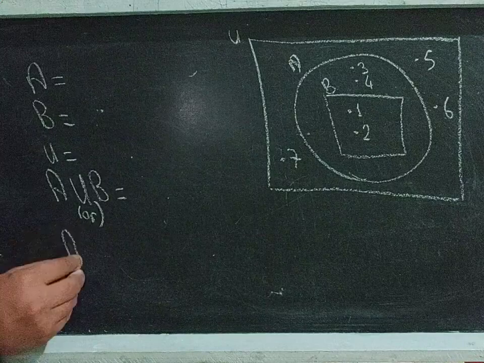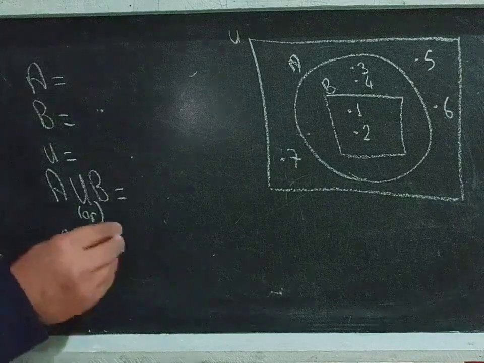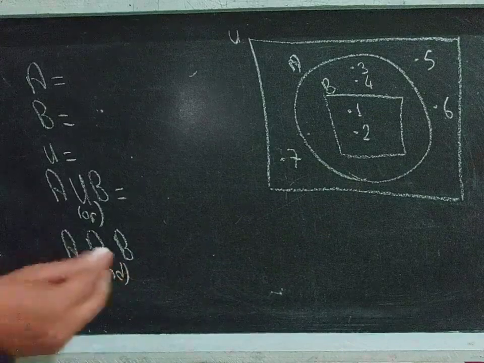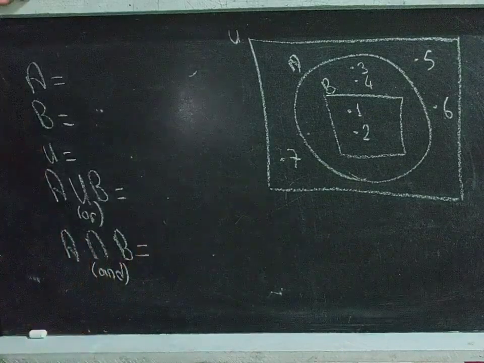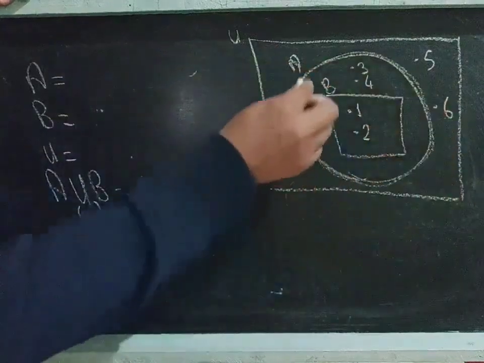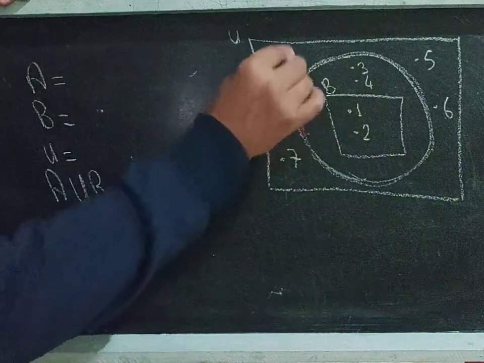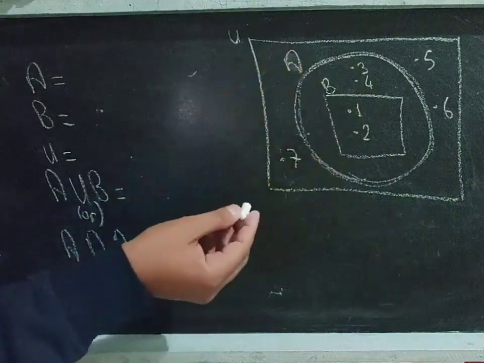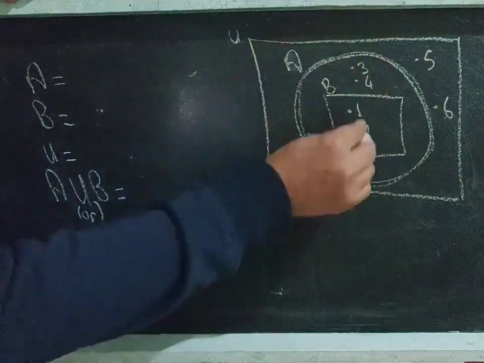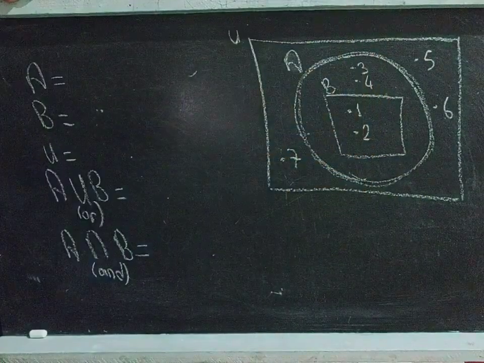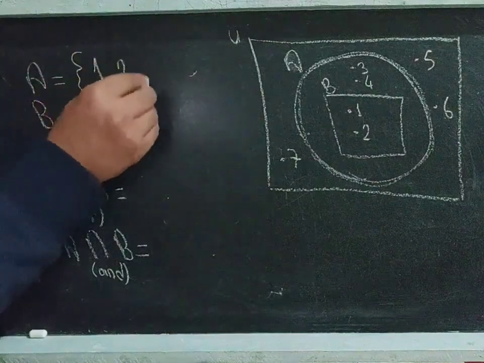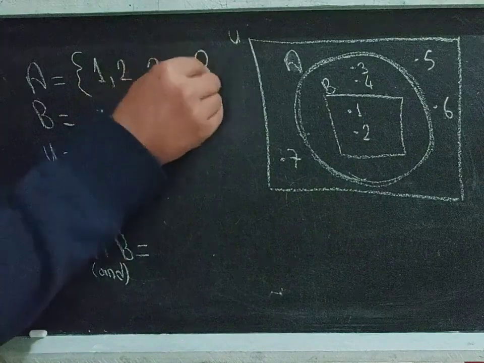And let's find out elements of A and B. This was and too. Remember? So now, elements of A. Draw the shape of set A and see which elements are under this shape. 1, 2, 3, 4. So that will be 1, 2, 3, and 4.